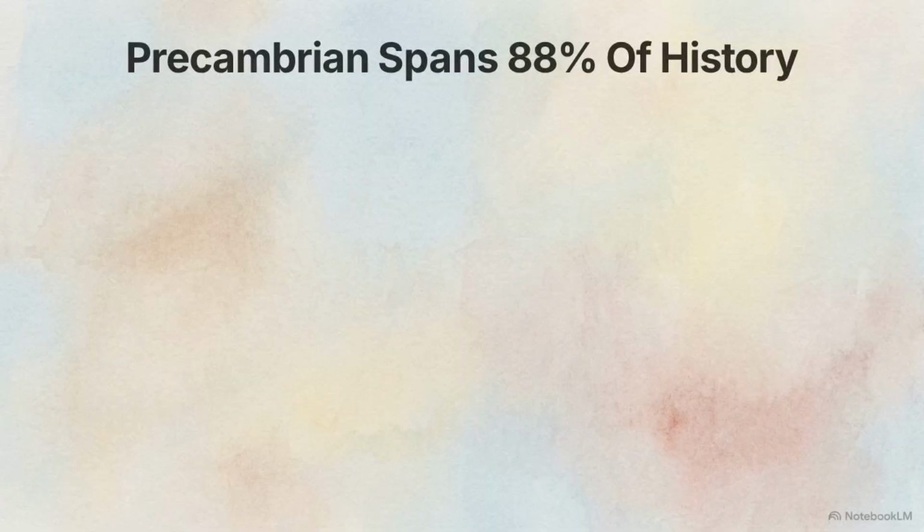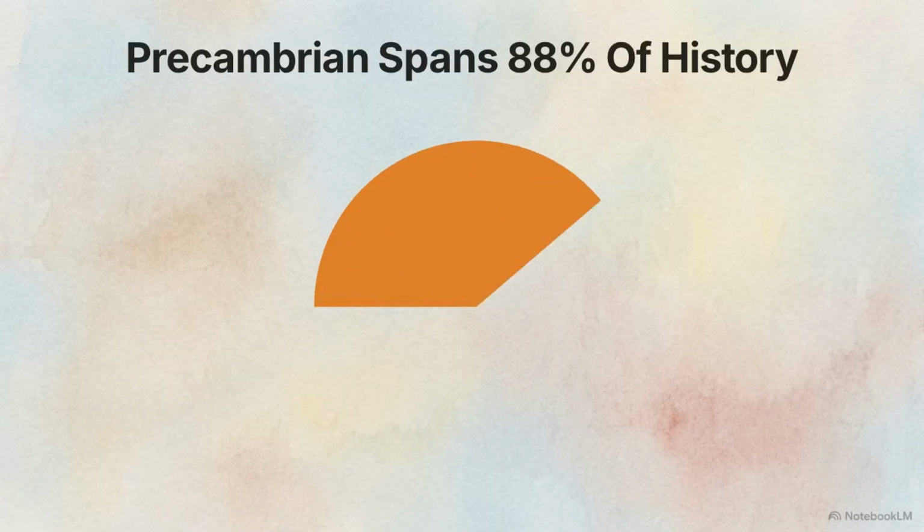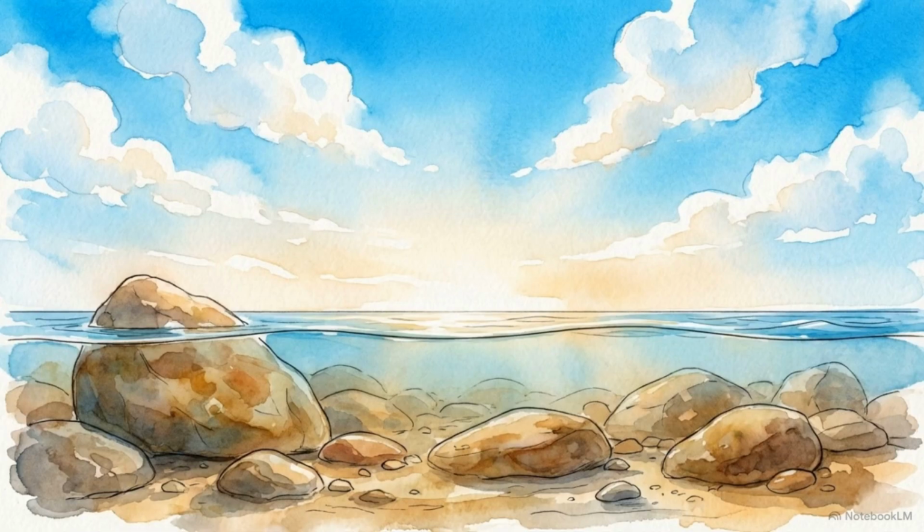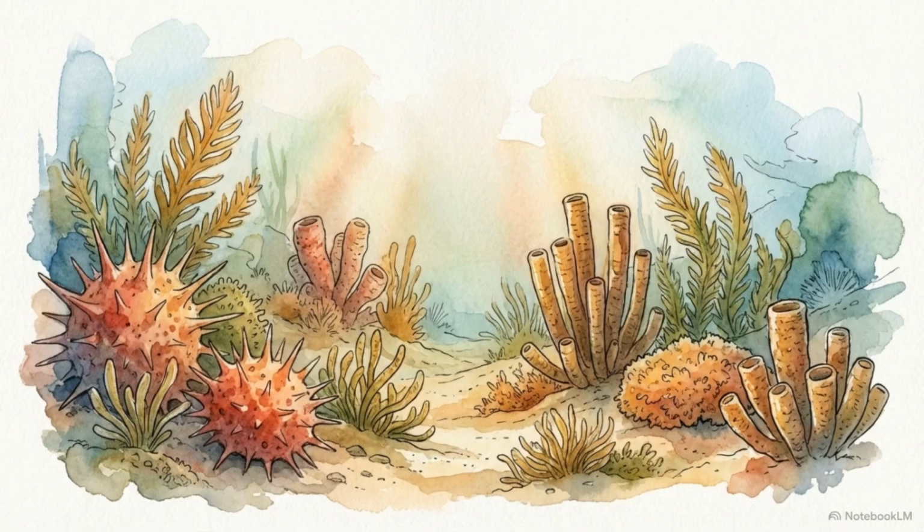This initial stretch of time, known collectively as the Precambrian, accounts for 88% of Earth's total history. While you won't find complex animal fossils here, this vast interval built the invisible, oxygen-rich infrastructure required to support everything that followed. With the atmosphere oxygenated, the Cambrian period kicked off the Paleozoic Era with an intense burst of biological diversity.